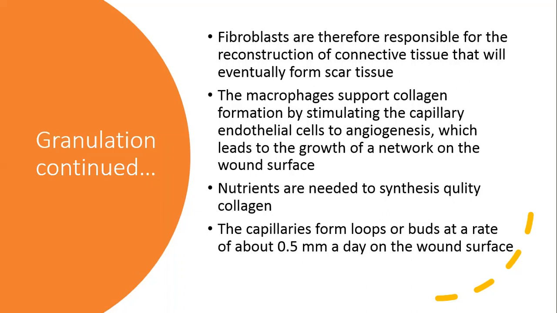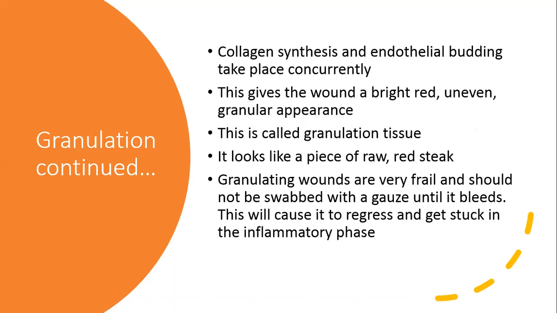Because we need blood supply if we had a wound or damaged, broken, open skin that resulted in a wound. Nutrients are needed to synthesize quality collagen. Okay, the capillaries that now form loops or buds at a rate of 0.5 millimeters a day on the wound surface.